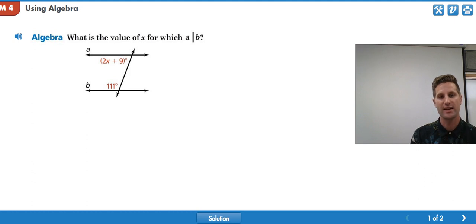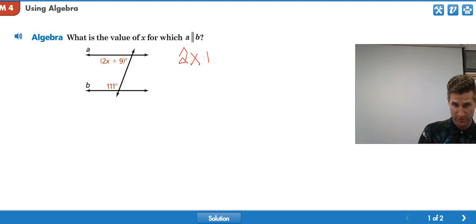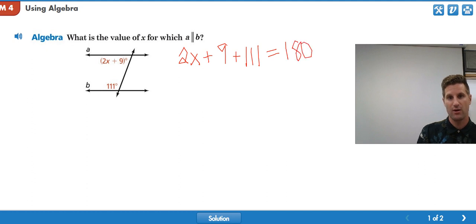Not equal, but 180. So we're going to do 2x plus 9 plus 11 equals 180. Okay, so if we can figure out what x equals here.